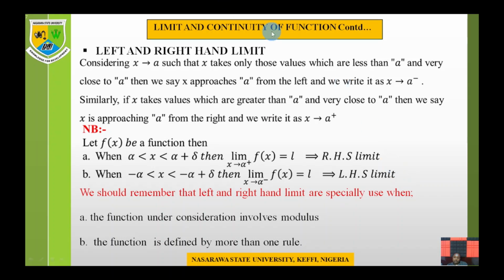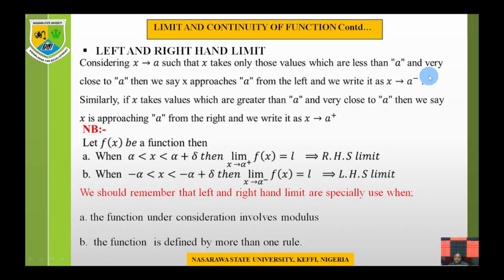Now, next we are going to be talking about left and right hand limit, considering x approaching a such that x takes only those values which are less than a and very close to a. Then we say x approaches a from the left, and we write it as x goes to a superscript negative sign.